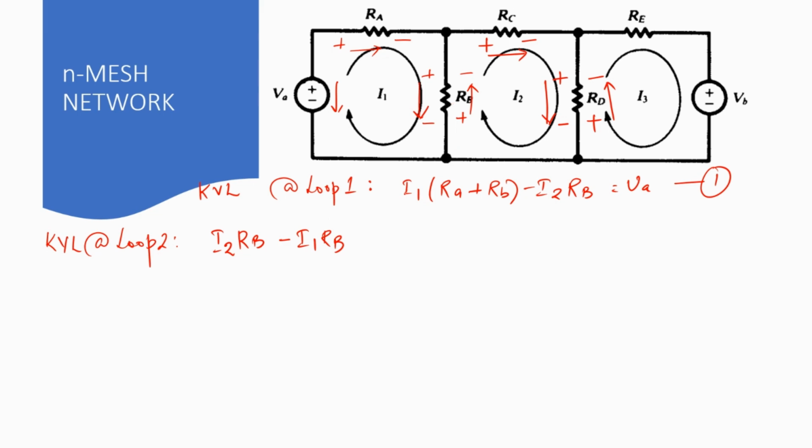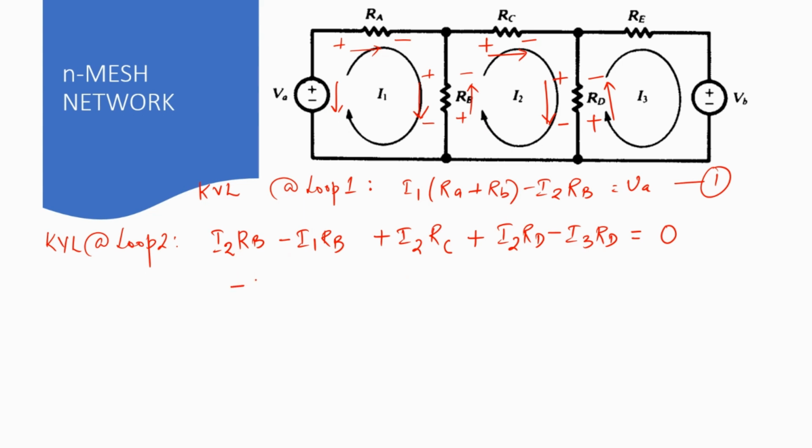Then for RC, plus I2 into RC. Now looking at RD, plus I2 RD minus I3 RD. There are no voltage sources in this loop, so it is equal to 0. When we rewrite this equation, let's maintain the order of I1, I2 and I3 for simplicity.